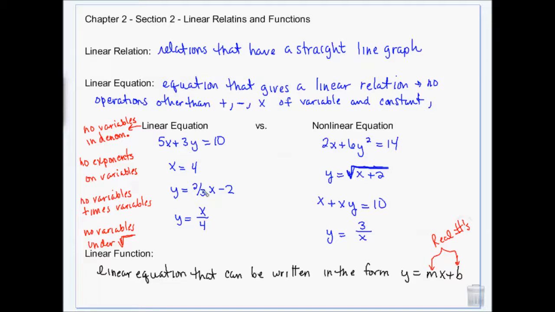I could turn any one of these into this format. I could not make any of these look like this.